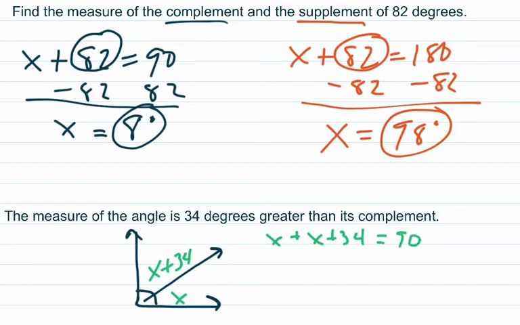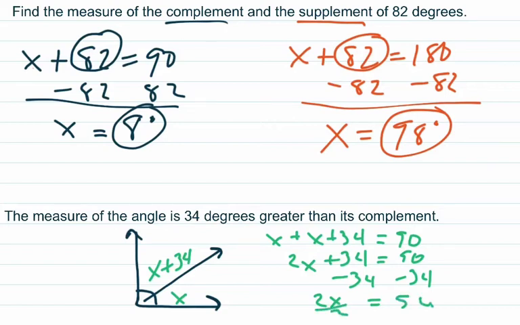Let's work through our equations. We combine like terms, so 2x plus 34 equals 90 degrees. Subtract 34 from both sides. So then I have 2x equals 56.